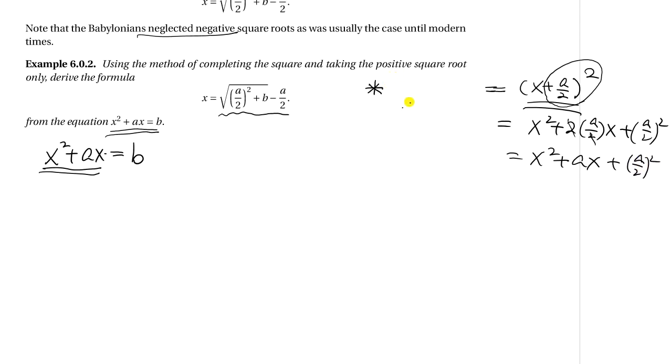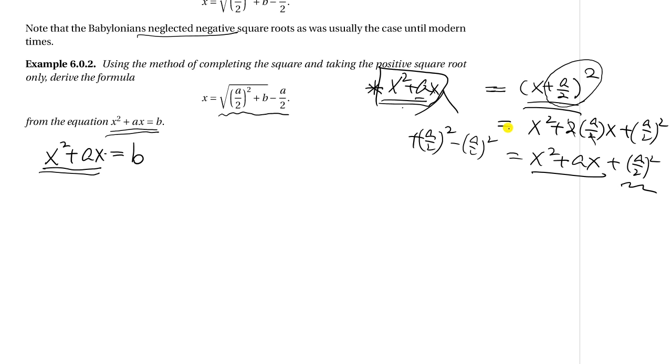So that's the hint. That's why we want to take half of it. That's exactly matching, but to get that one we need to add a over 2 squared. But this is the only given one, so we have to subtract exactly the same term over here.